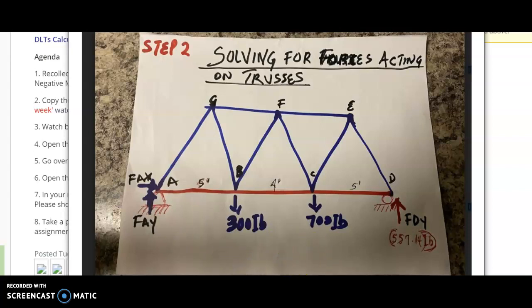Remember, the total of all forces acting on the x-axis must equal 0, and the total of all forces acting on the y-axis must equal 0 as well. So good luck. Show me your work, turn it in, make your notes so you get all available points for notebook entries and for solving the problem.